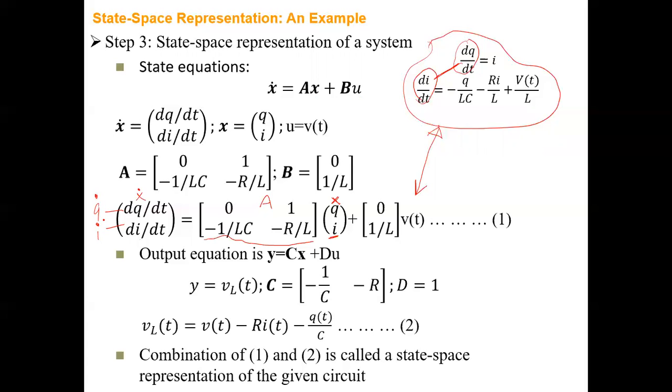Dot meaning derivative with respect to time. That's why I can simply write Q dot. This is with respect to time also, I dot. So this is your X. If this is your X, can I call this X dot? Are you okay with that or not really?